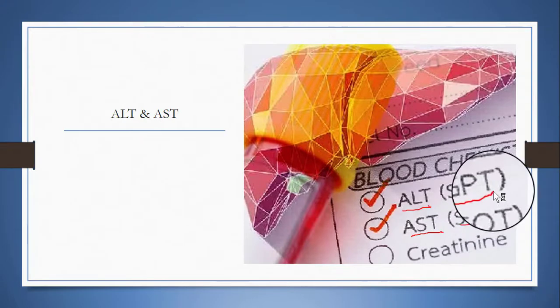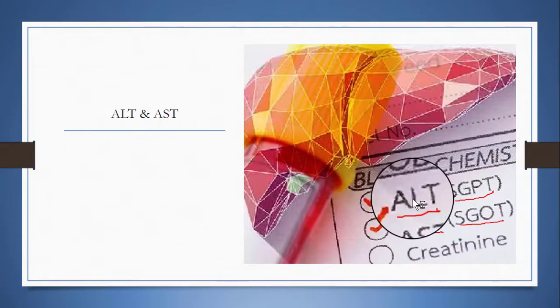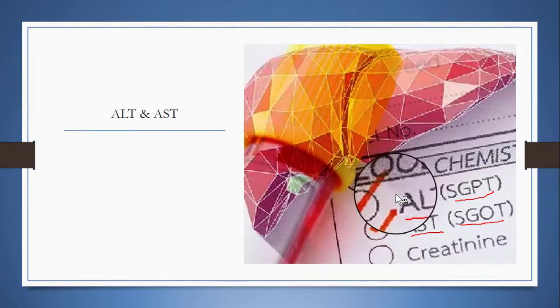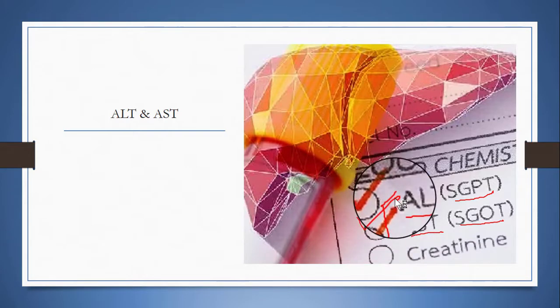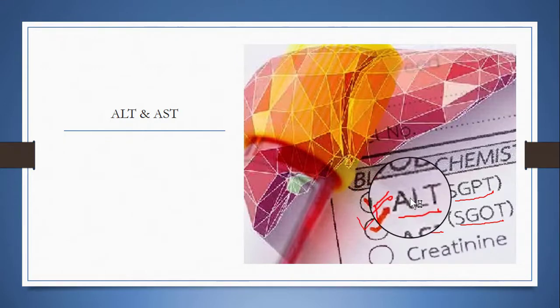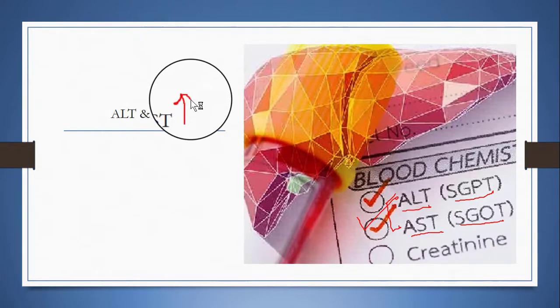These enzymes are normally predominantly contained within liver cells and, to a lesser degree, in muscle cells. If the liver is injured or damaged, liver cells spill these enzymes into the blood, raising the AST and ALT blood levels and signaling liver disease.